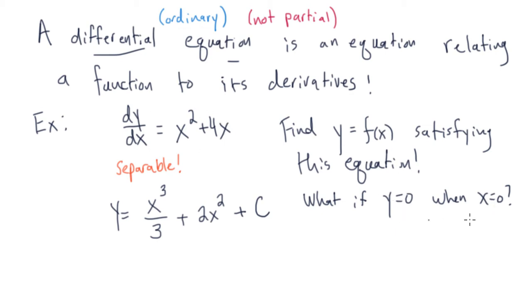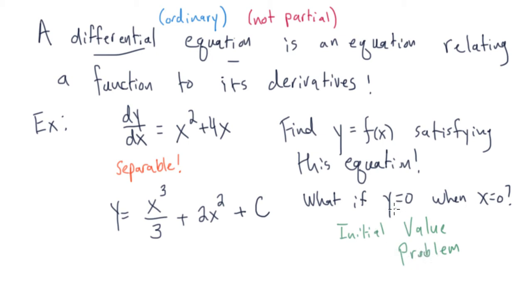Maybe I know something called initial data, right? So I know some initial information about y. Well, in this case, this is what's called an initial value problem. An initial value problem is just a differential equation that gives some initial information, or some point on the graph of the function that satisfies the differential equation.